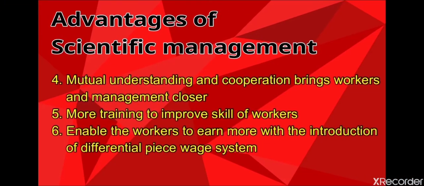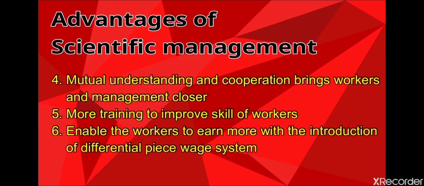Fourth point suggests mutual understanding and cooperation brings workers and management closer, which means that avoidance of dispute between workers and management could be done through scientific management. This helps in encouraging harmony between management and workers.